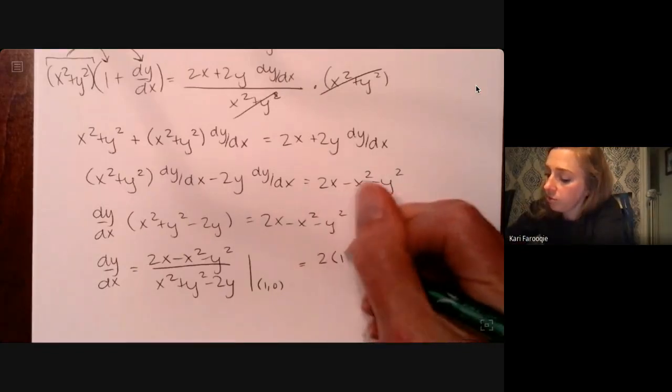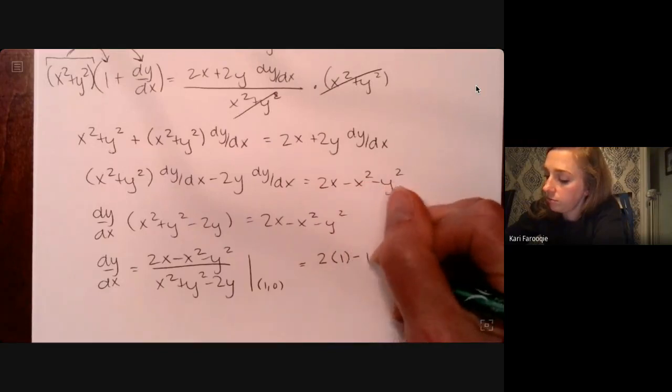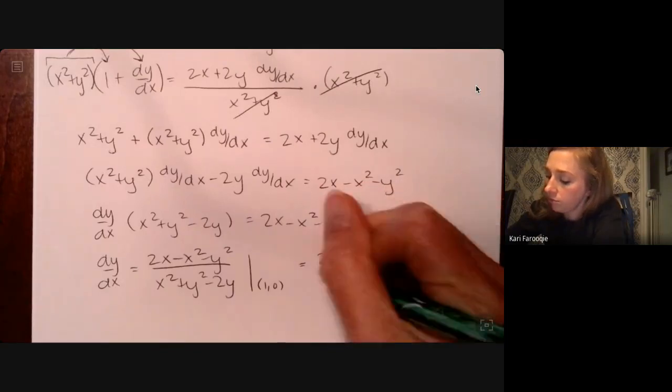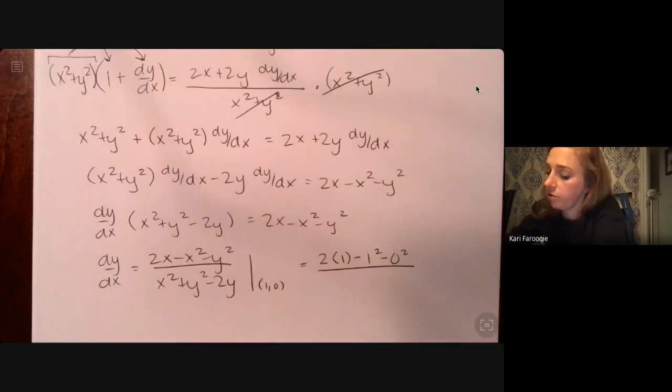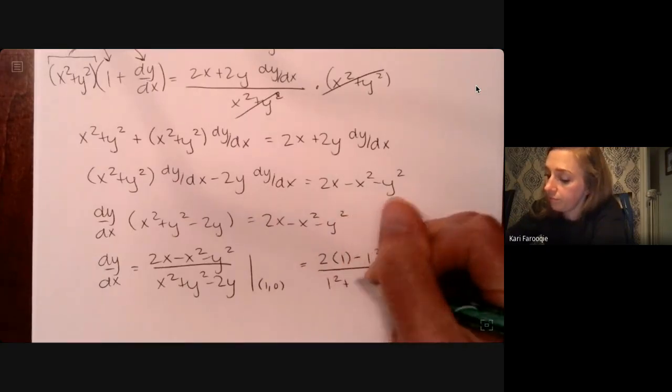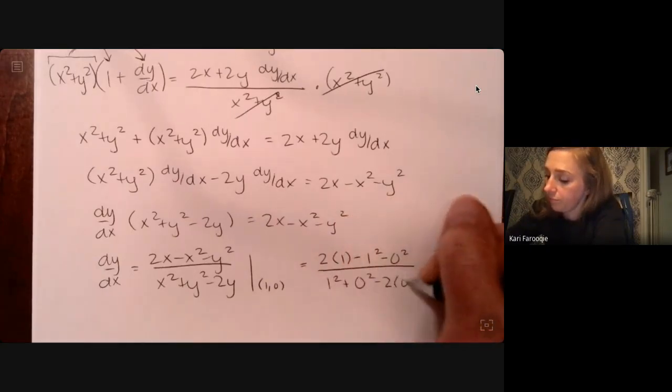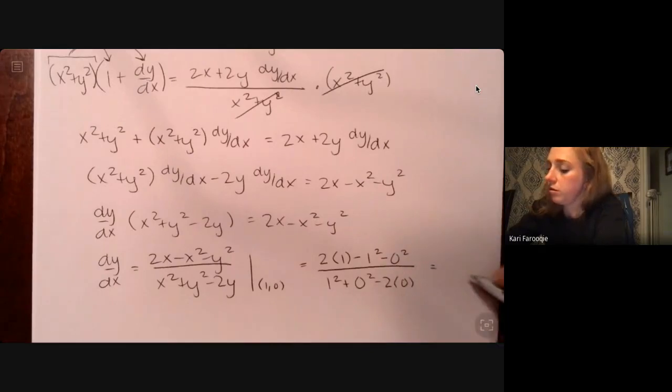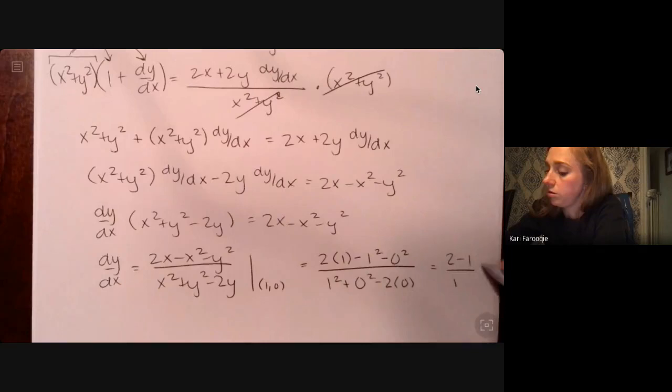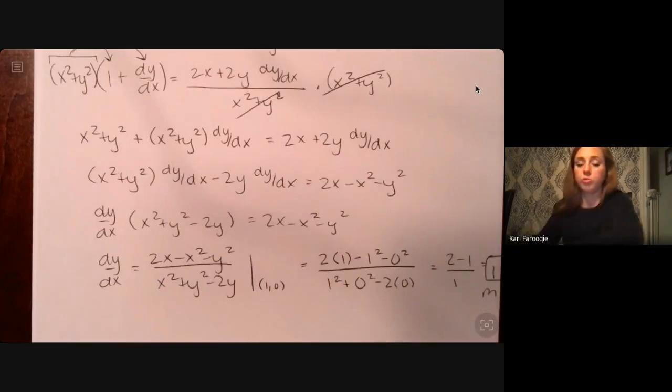Everywhere you see x, substitute 1. Everywhere you see y, substitute 0. So you'll have 2 minus 1 divided by 1 is 1. And there's your slope.